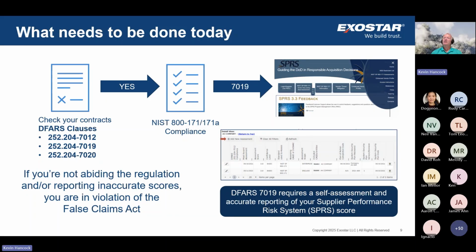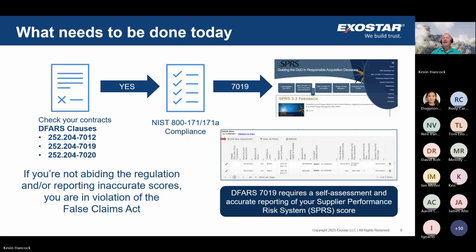And you're required to submit that score into the SPRS system. That's the Supplier Performance Risk System, which is a DoD system. They're the only ones that have access to it. They're the only ones that see it, but they do use that system and its overall supplier performance risk to help them when they're bidding contracts or when they're deciding who should win a bid on a contract.